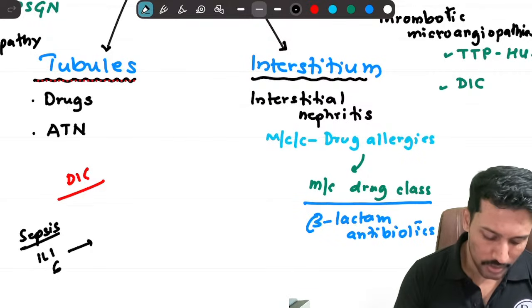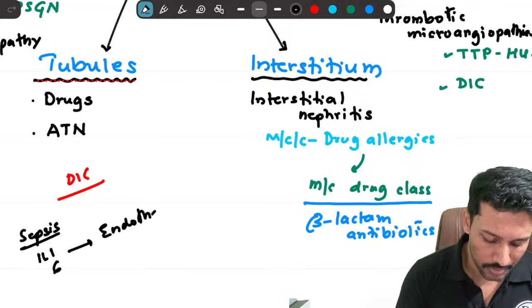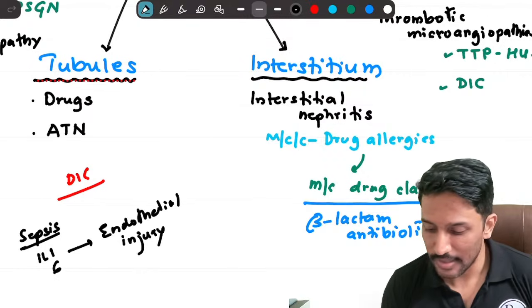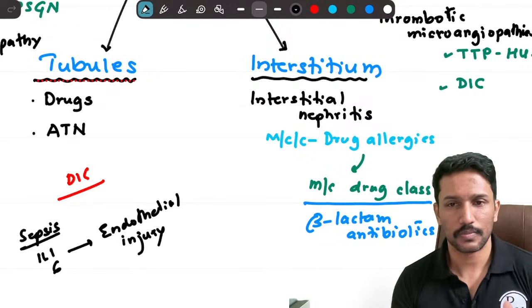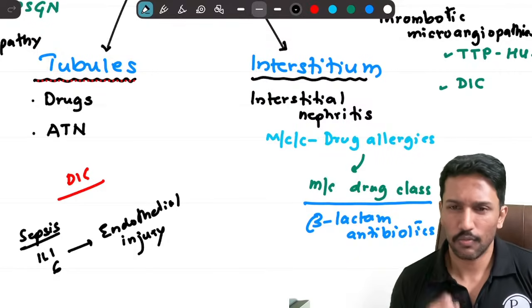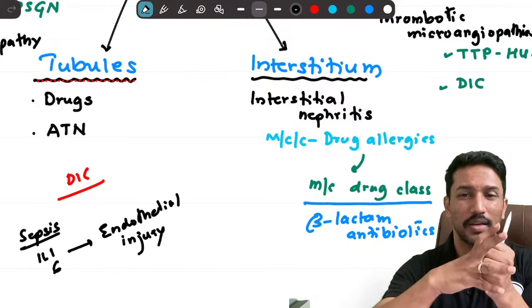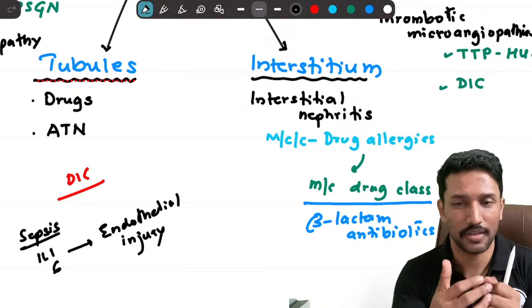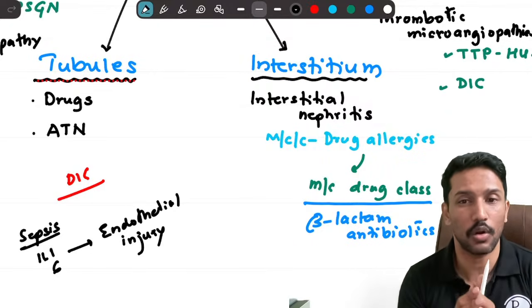These inflammatory cytokines cause endothelial injury. And when there is endothelial injury, we are exposing the von Willebrand factors. Once von Willebrand factors are exposed, the platelets will come and adhere. So platelet adhesion happens, then platelet aggregation, fibrin clot formation.